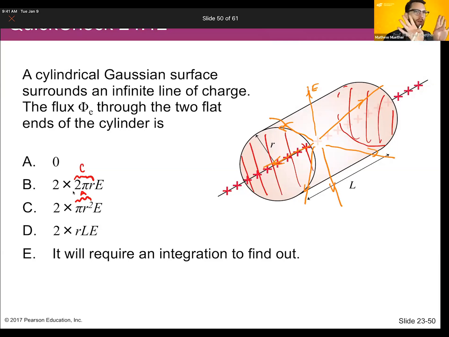That means that all of the electric field lines are parallel to the end surface. If I draw a plane that cuts through this, the electric field lines are all pointing just radially away. All of these lines are supposed to be perpendicular to the axis of this object. They can't be tilted in this direction, or when I flipped it, I would be able to tell that I'd flipped that object, and that can't be the case.